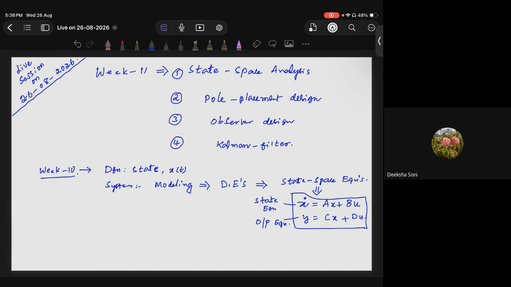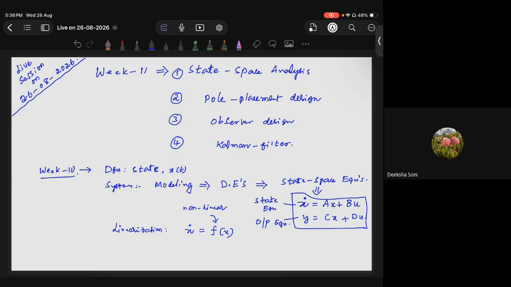In week 10 you have also seen linearization. Once we write the differential equations, sometimes the equation is x dot is equal to f of x, where f of x could be a non-linear function.